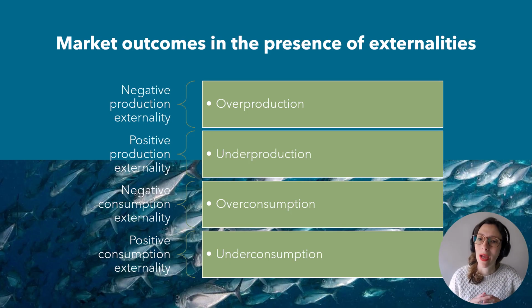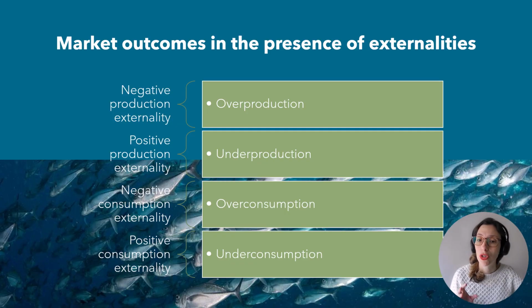So to summarize the market outcomes in the presence of externalities, we have the following. In a situation in which we have a negative production externality, the result will be overproduction. A positive production externality will lead to underproduction. And similarly, a negative consumption externality will lead to overconsumption, while a positive consumption externality will lead to underconsumption.